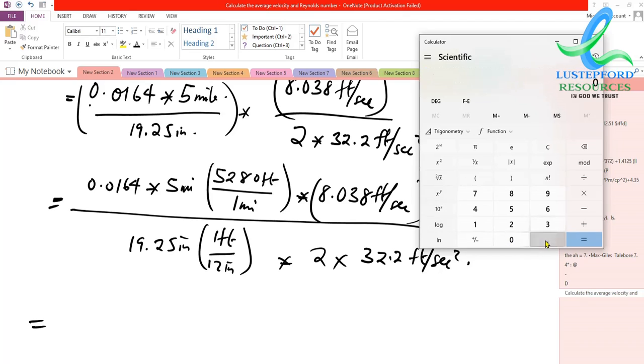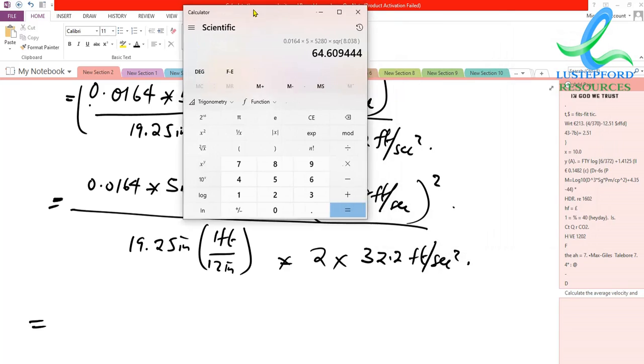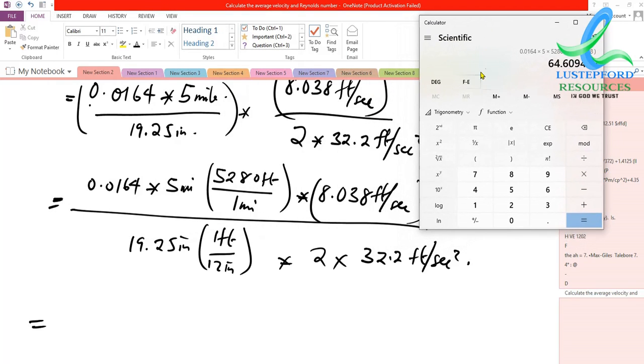So we have 0.0164 times 5 times 5280 times 8.038 square, divide by 19.25, divide by 2, divide by 32.2.